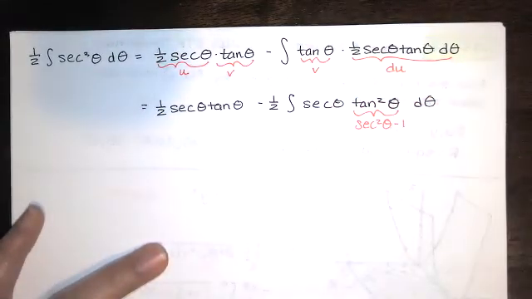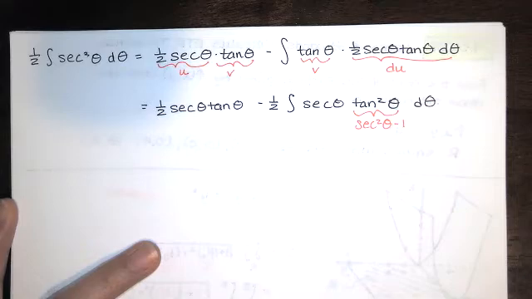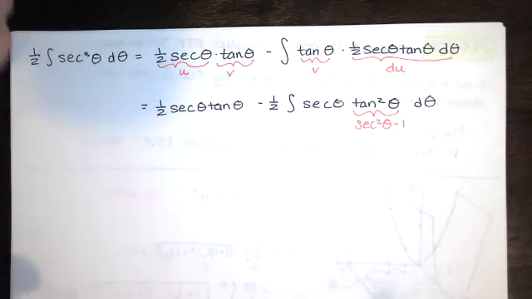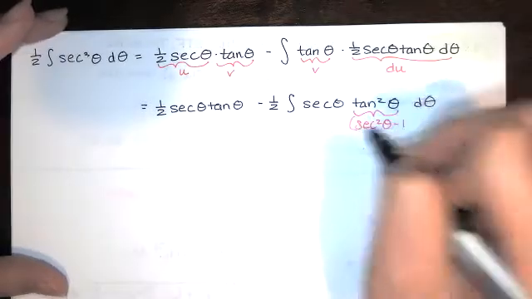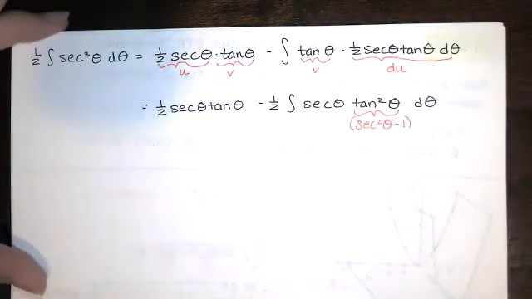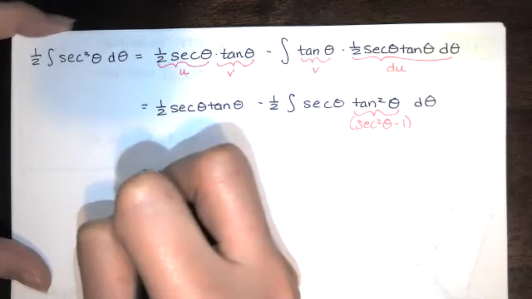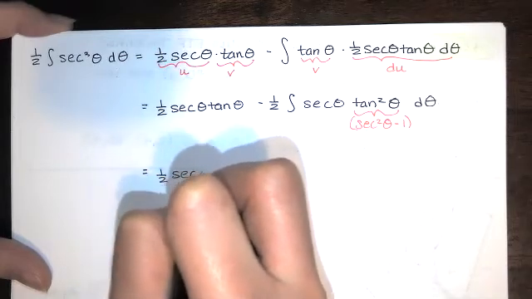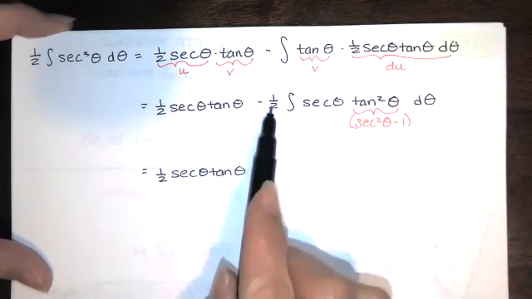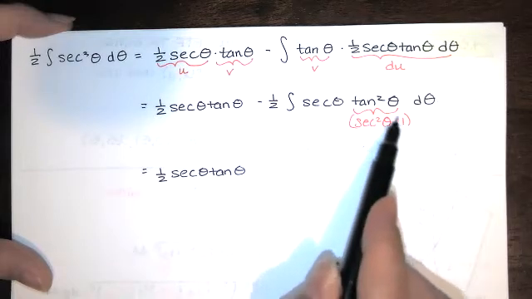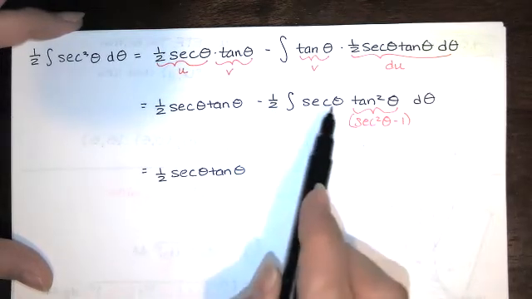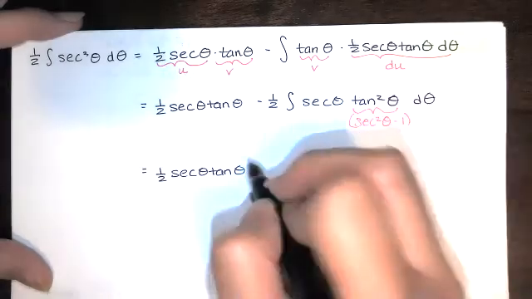That's because of one of our Pythagorean identities, 1 plus tangent squared equals secant squared, so tangent squared is secant squared minus 1. And that whole quantity is multiplying that secant of theta and that negative 1/2. If you distribute that negative 1/2 secant of theta to this binomial expression, you're going to get negative 1/2 secant times secant squared is secant cubed.